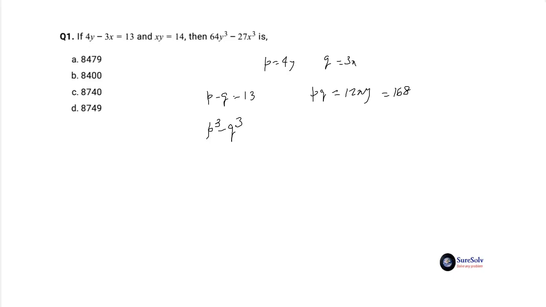Now use the modified two-factor form of p cube minus q cube to get its value directly as p cube minus q cube equal to p minus q multiplied by p minus q whole square plus 3pq equal to 13 multiplied by 13 square plus 3 into 168.